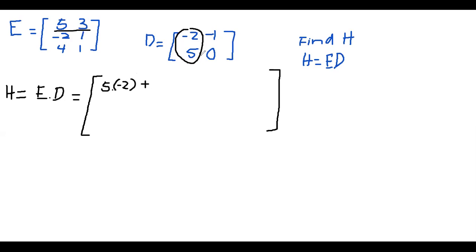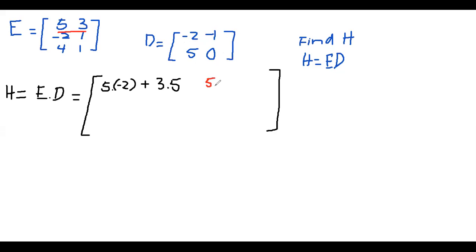If you don't know what this is, this is the dot product of a vector. That is the first number. The second number is the first row of the first matrix multiplied by the second column of the second matrix.